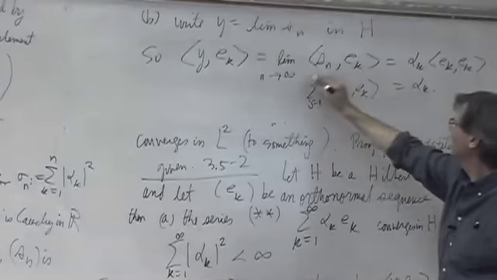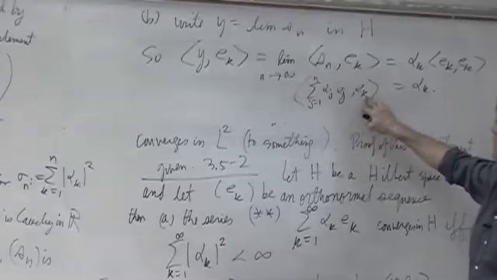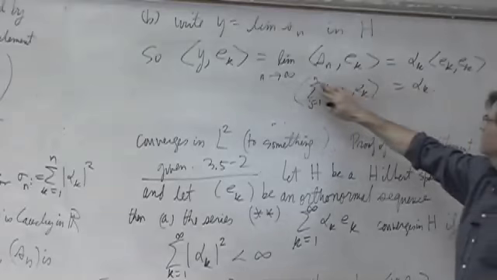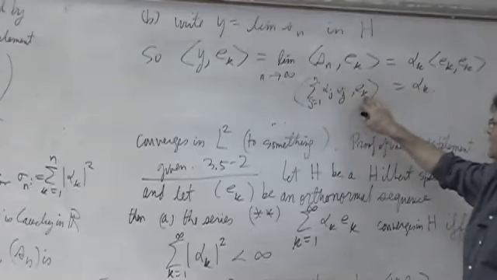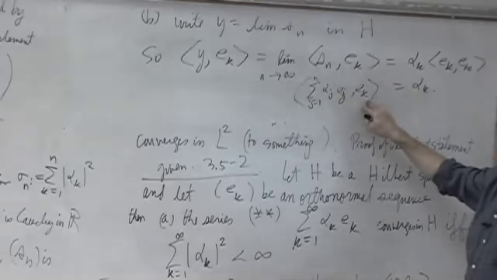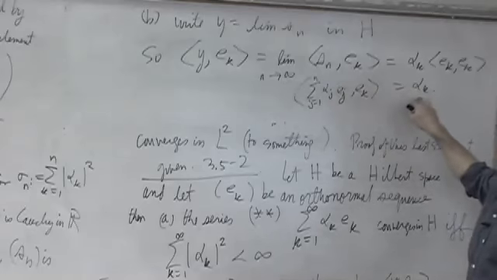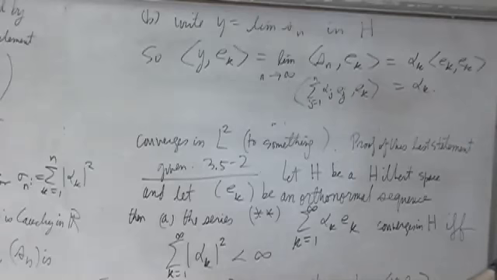Assuming that n is big enough that it's past k, which I can always do because I'm fixing k and letting n go to infinity, this simply comes out to be alpha k, by orthonormality. So you're done.